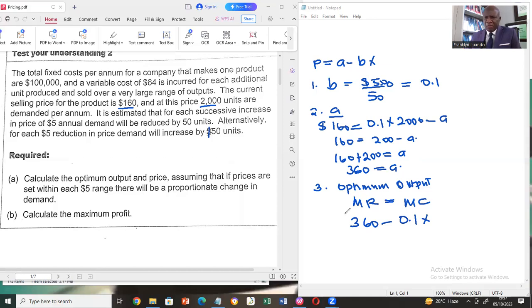Now marginal revenue, you multiply by 2 there. That will be 360 minus 0.2X, which should be equal to MC. The MC, the variable cost there, is 64.